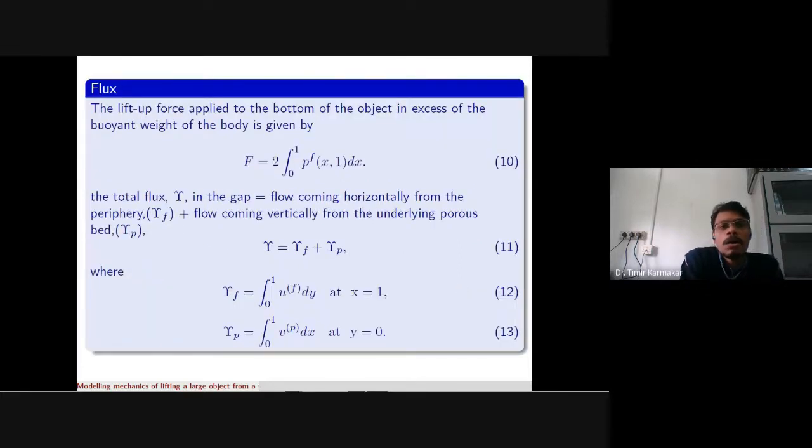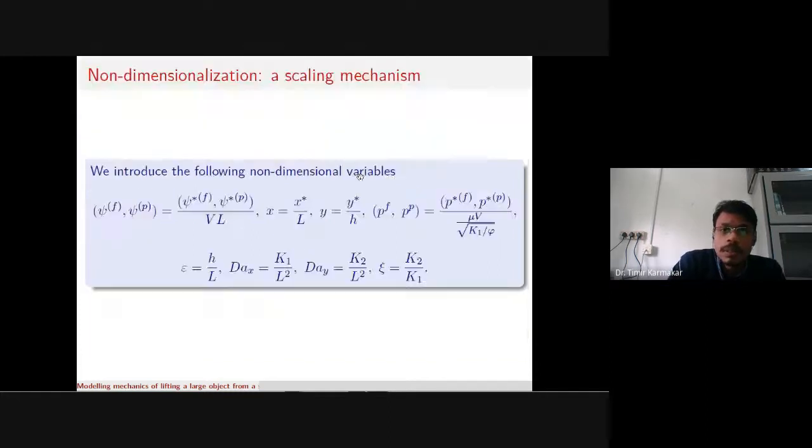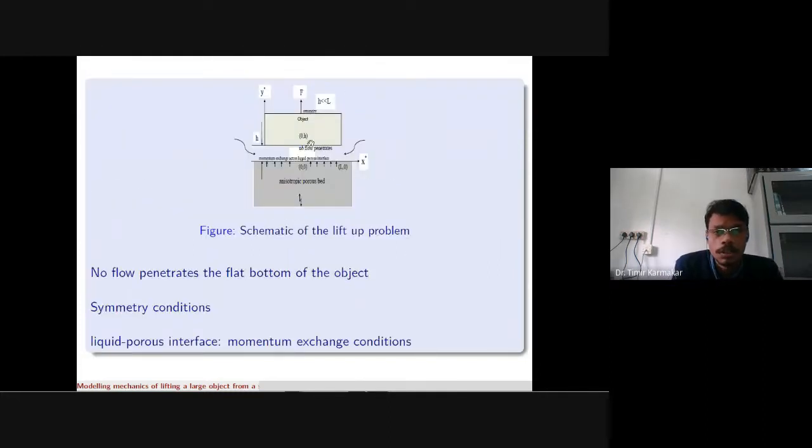As you can see from this geometry, when we give an upward force, the width of this gap will increase. Initially it is at rest and the width of the gap is very small, but even though it is small, some flow is there.